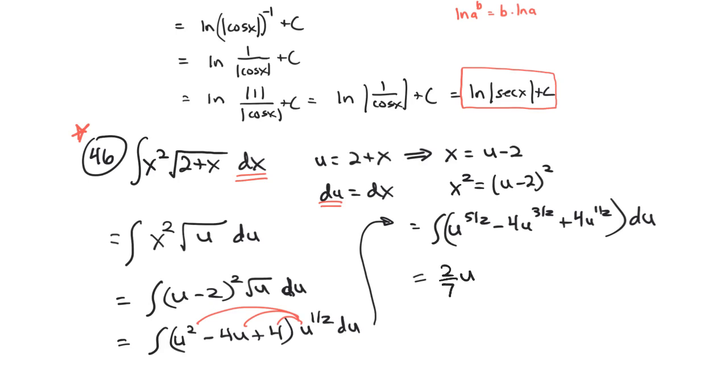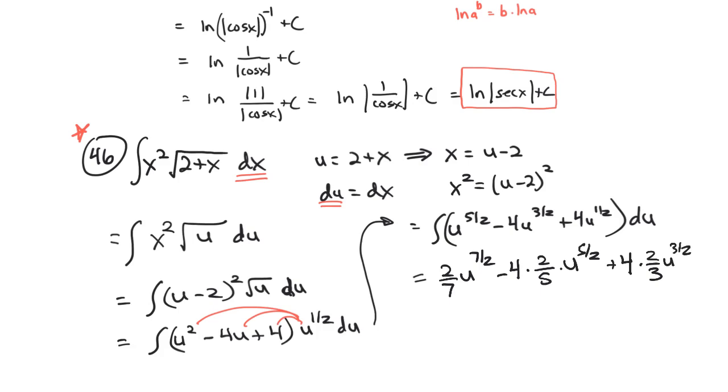You get 2 sevenths u to the 7 halves minus 4 times, well, u to the 3 halves plus 1 is like 3 halves plus 2 halves, which is u to the 5 halves, and we have to multiply by 2/5, because instead of dividing by 5 halves, we can multiply by 2/5. Then we have this 4, and we have u to the 1 half plus 1 is u to the 3 halves. So instead of dividing by 3 halves, we multiply by 2/3.